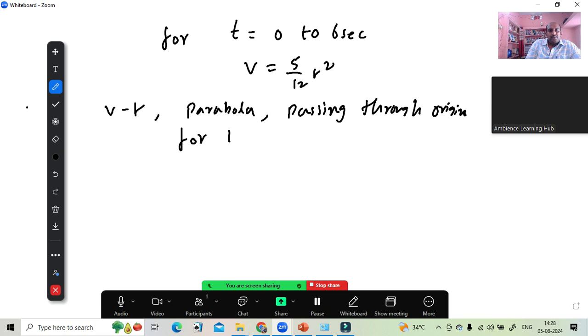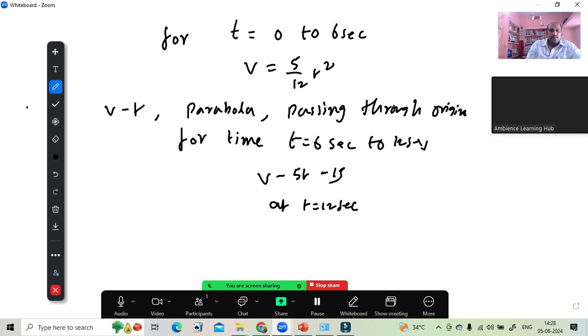So for time t is equal to 6 seconds to 12 seconds, v is equal to 5t minus 15. At t is equal to 12 seconds, v is equal to 5 into 12 minus 15, which is 45 meter per second.